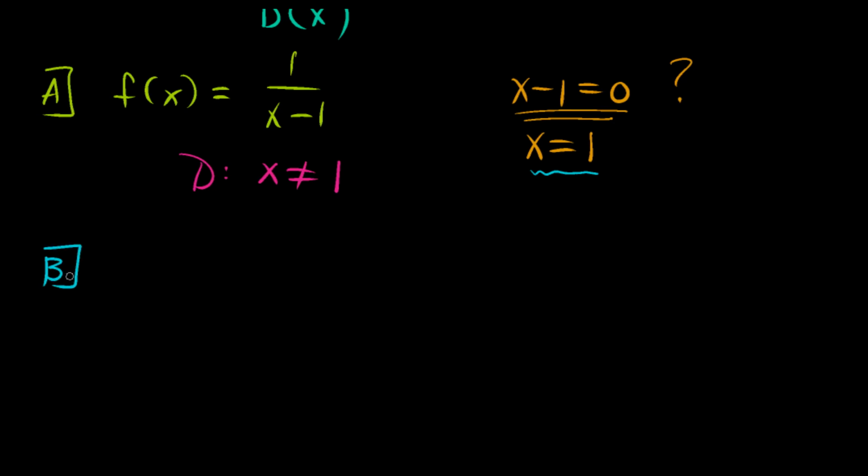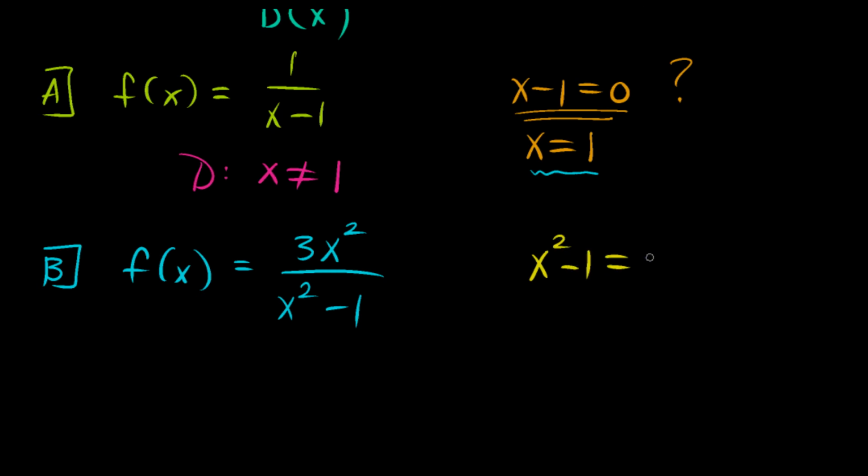So let's look at b here. Say we had 3x squared over x squared minus 1. For this one, what makes x squared minus 1 equal to 0?